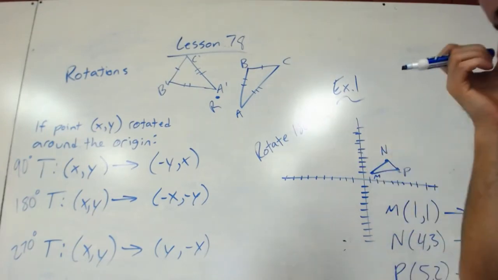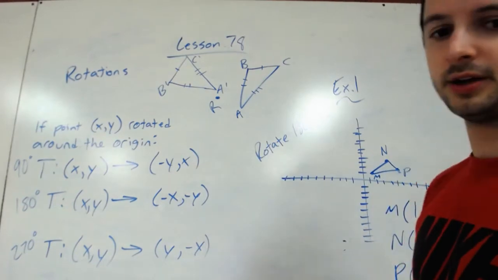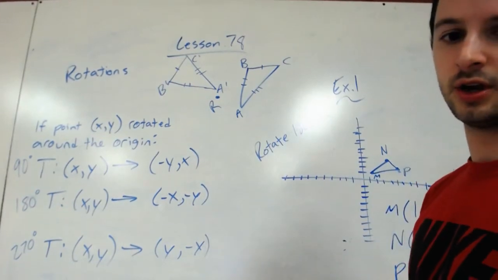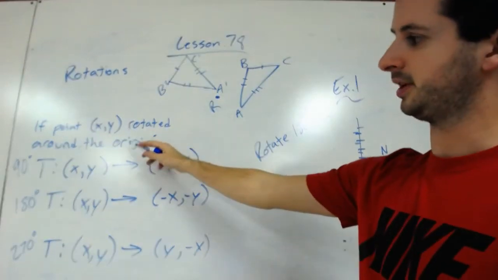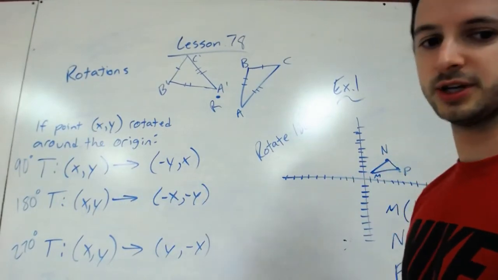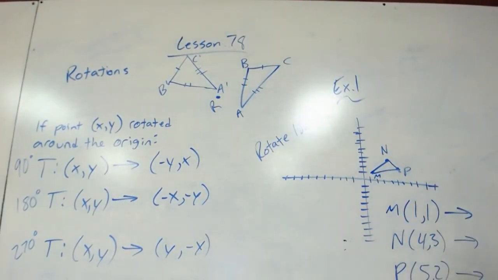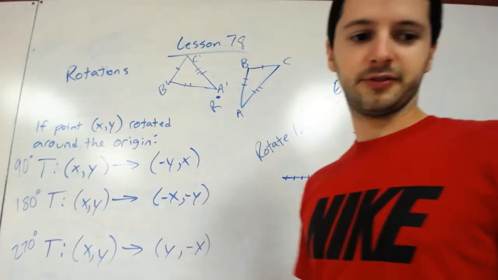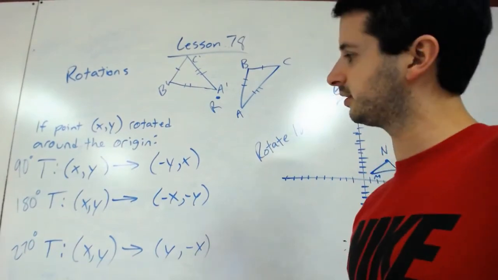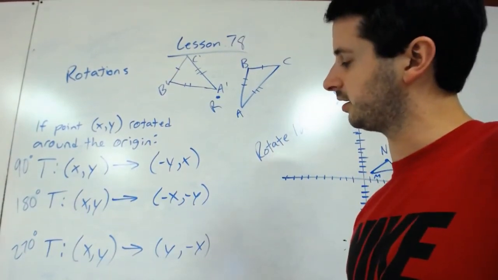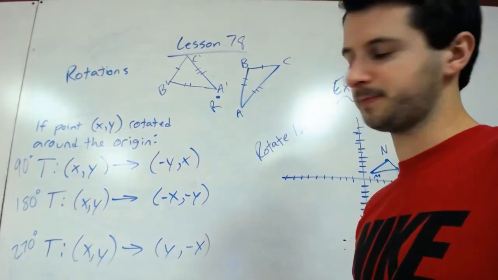Now, if we're looking at a coordinate grid and it's talking about rotations around the origin, let's talk about how we can transform our pre-image into the image. We have three different formulas here for rotating a shape.